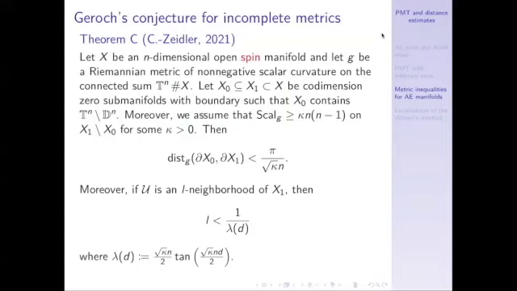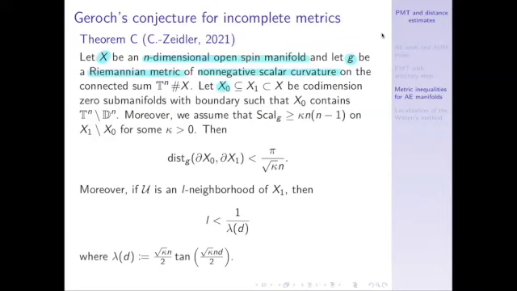As already observed, we expect that Theorem A has a counterpart for the Geroch conjecture, and in particular, we can prove the following theorem. So suppose that X is an n-dimensional open spin manifold, and suppose that g is a Riemannian metric of non-negative scalar curvature on the connected sum of X with the n-torus.